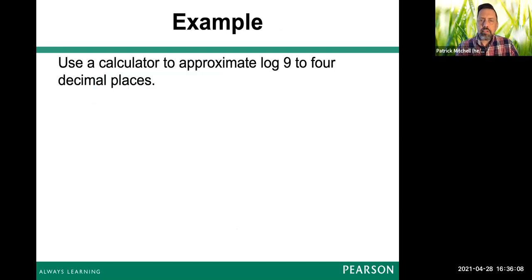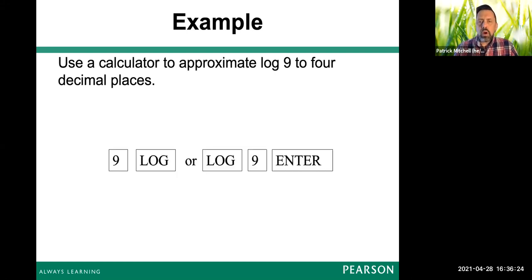So let's start out with using a calculator. In this problem, they want us to use a calculator to approximate log 9 to 4 decimal places. This is absolutely a calculator problem. Depending on what kind of calculator you have, you're going to either press 9 and then press the log button, or more commonly, first press the log button and then press 9.